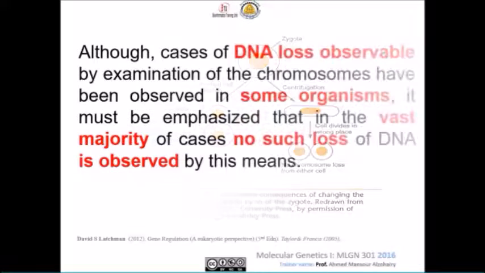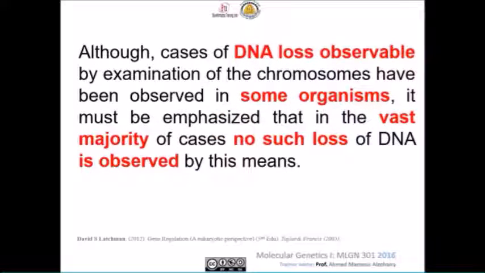So although cases of DNA loss are observable, as we saw in the last two cases in some organisms, in the vast majority of cases no such loss of DNA is observed.